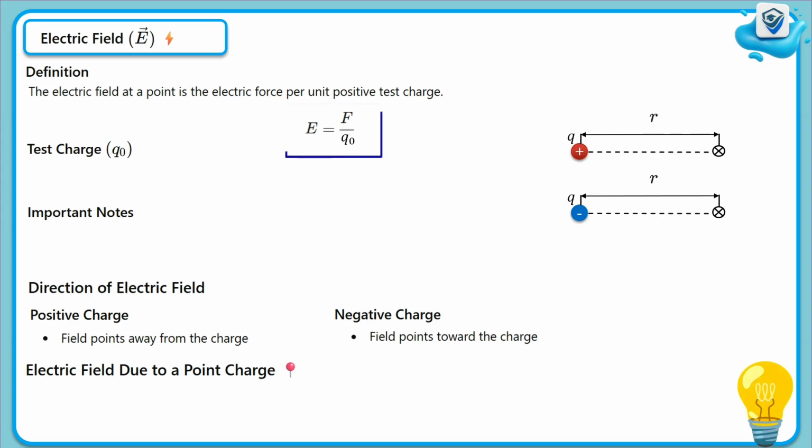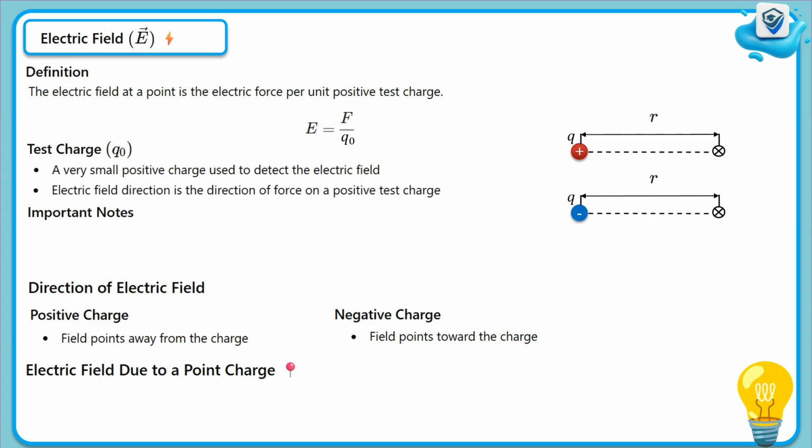Mathematically, we write E equals F divided by Q naught. Here, Q naught is called the test charge. A test charge is simply a very small positive charge used to detect the electric field at a point.